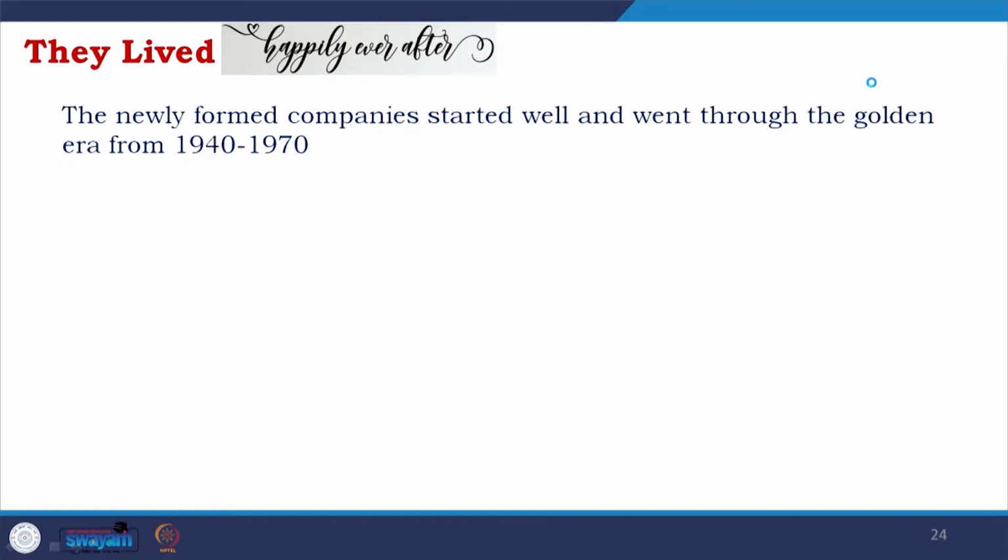Today's class, okay, so they developed the pharmaceutical industry, they earned a lot. What happened? If you see a Bollywood movie, especially in the 90s, we always end up in a happy moment. We always say they lived happily ever after. So, the newly formed companies started well and went through a golden era from 1940 to 1970.